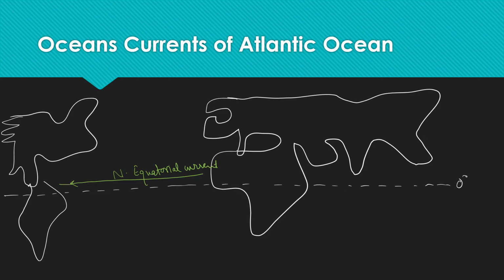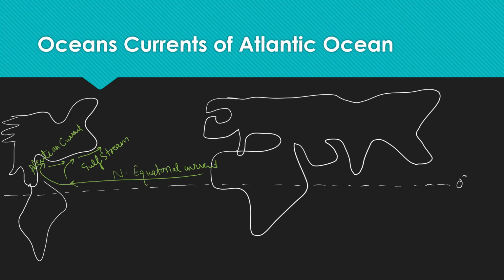Coming here, this current would move inside the Gulf of Mexico. There are some Aleutian islands also. Some part will move direct and some will go inside, so it is the Aleutian current. When they merge together, it is known as the Gulf Stream.